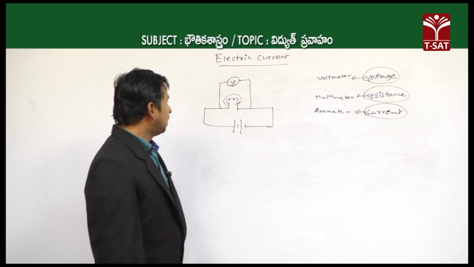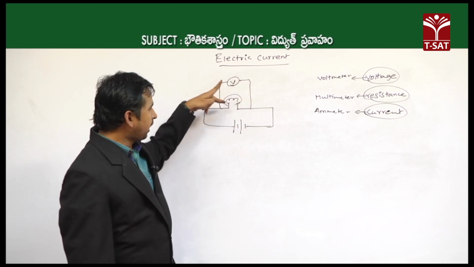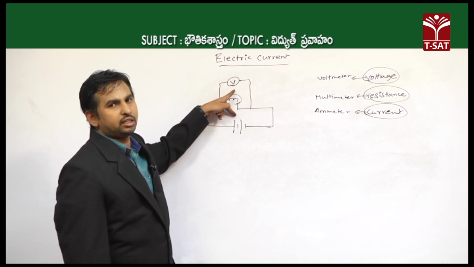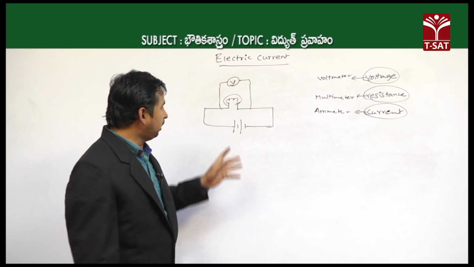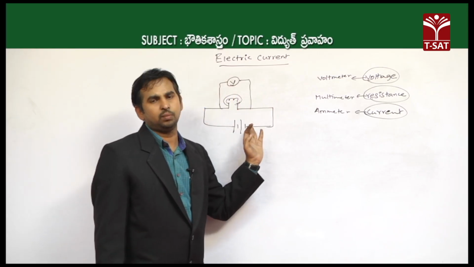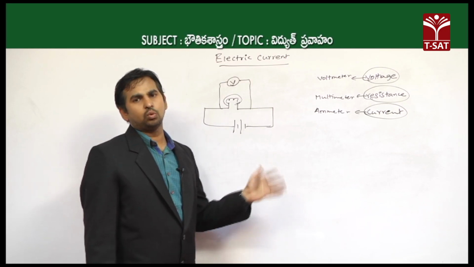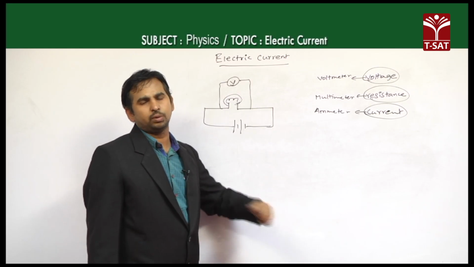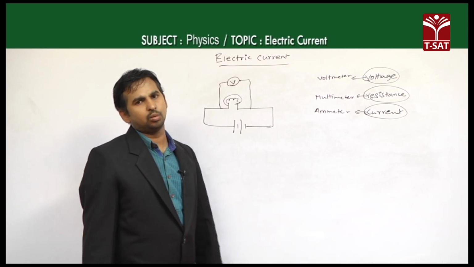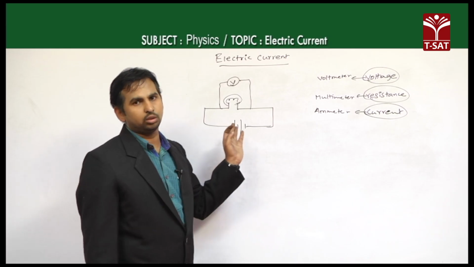So, as the bulb and the voltmeter are connected in parallel, we can find how much voltage drop is present at the bulb. Like this we can find the voltage drop across any electronic component when you arrange the voltmeter in parallel to it.